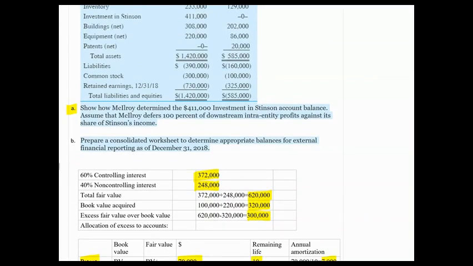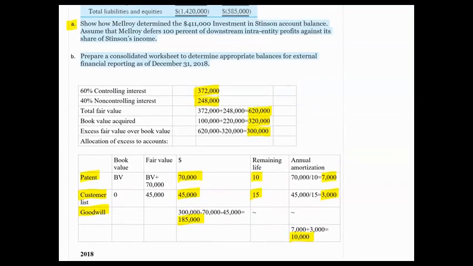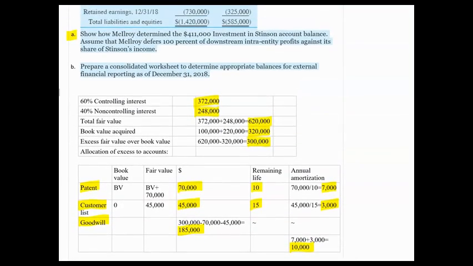Okay, so let's come back to my solutions about how we solve this question A. In order to solve question A, because we need to defer 100% of this downstream intra-entity profit, we need to have those intra-entity consolidation entries prepared.